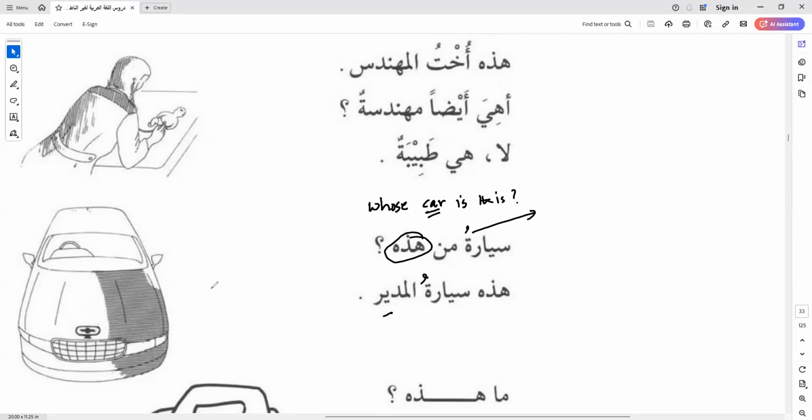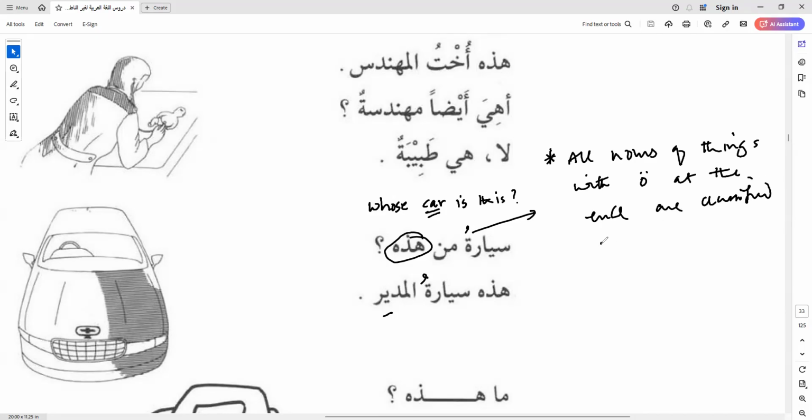So objects like sayyara with taw marbuta at the end are classified as what? As feminine. So we can say that all nouns of things with taw marbuta at the end are classified as feminine nouns.